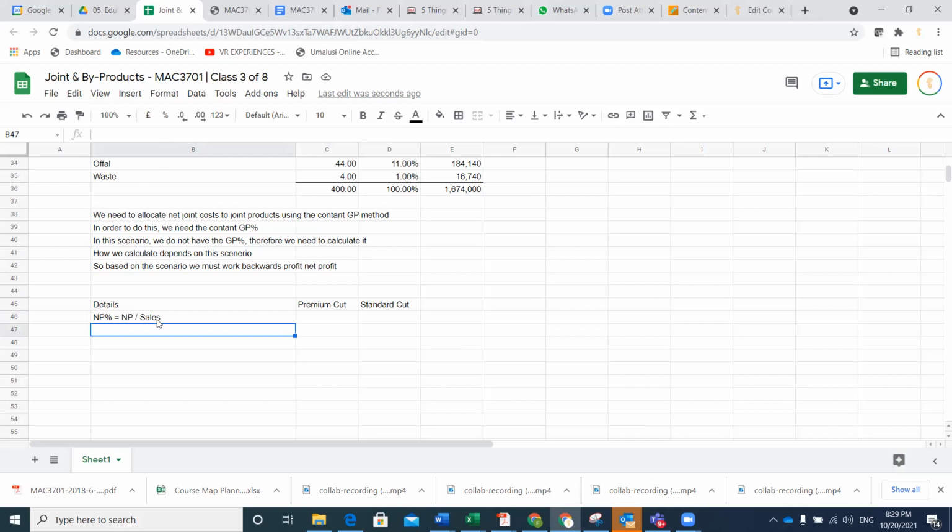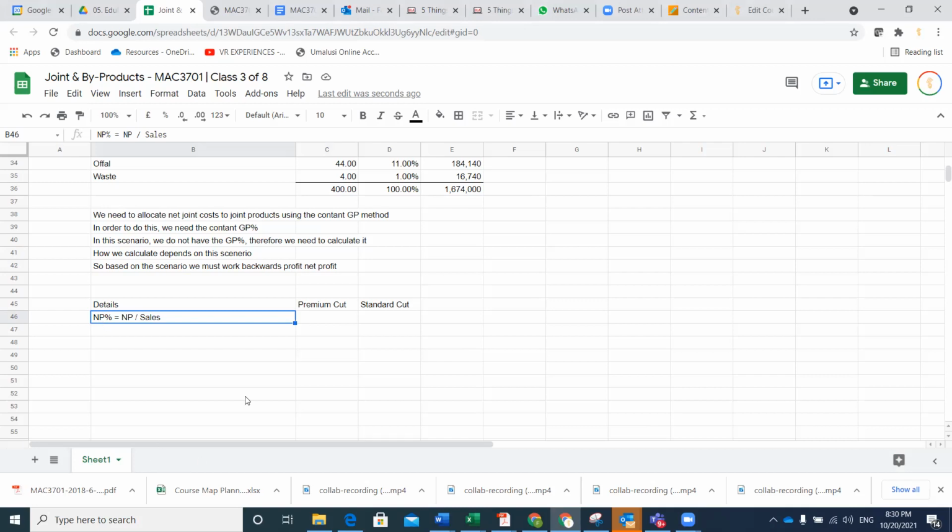Because we can work out sales and we have the net profit percentage, we will know what net profit is. That's important to understand. So now we can calculate what net profit must be, and then we will know what GP is.